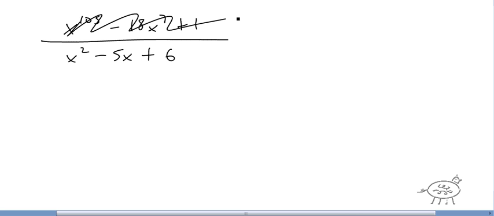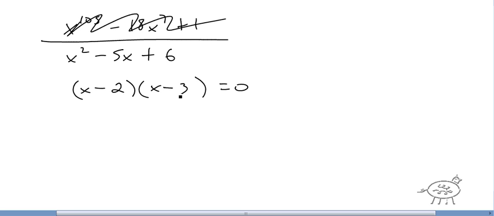Who cares? I'm just looking at the bottom. And please be careful when you're factoring. It's really easy to factor, and you've factored many times, but you have to be careful. So if I factor this, first of all, you set it equal to 0, and you notice the signs, they're both negative, and it's 2 and 3.